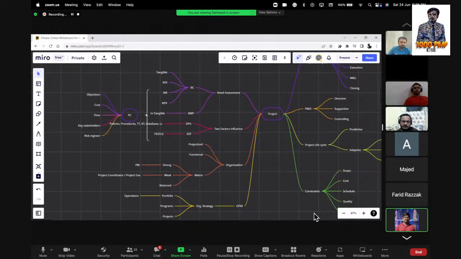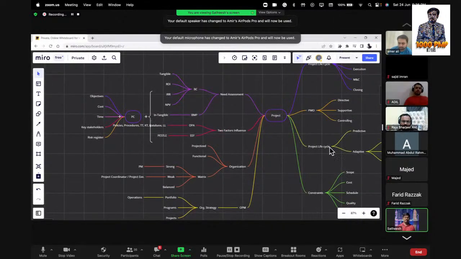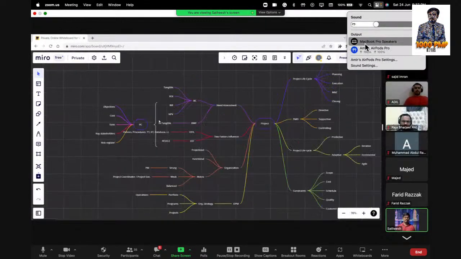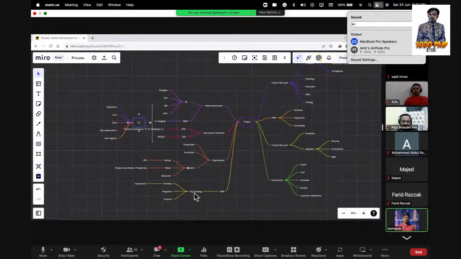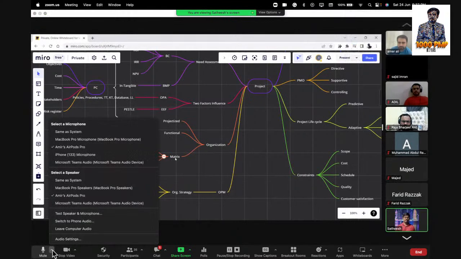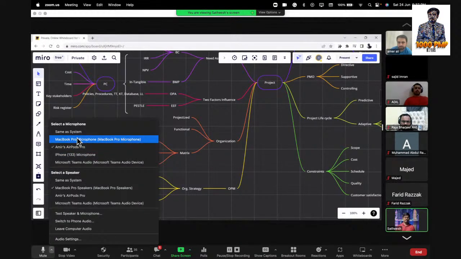Then once the need assessment, the business case, and the benefit management are completed, then we have strong, weak, and balanced. In strong, the designation is project manager.